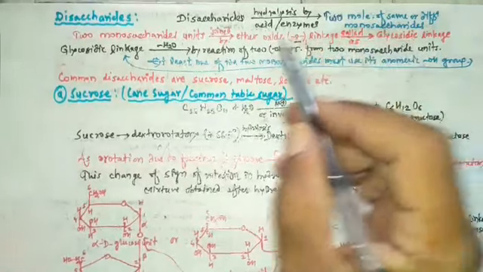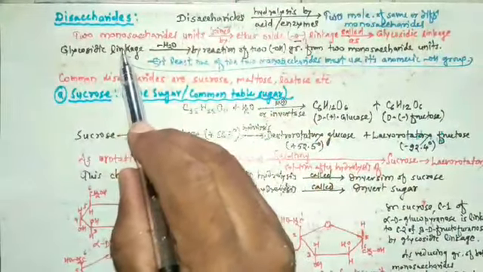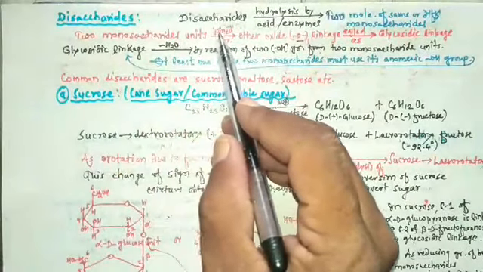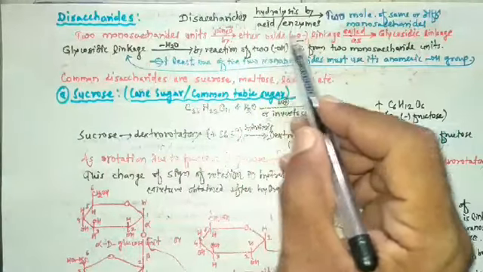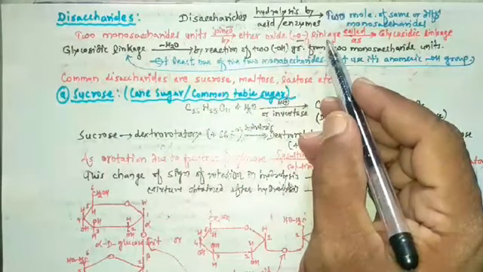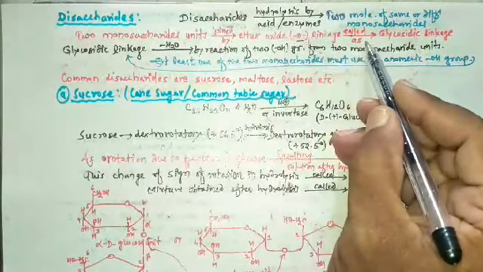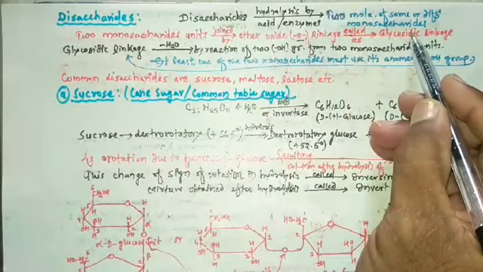So remember that two monosaccharide units are joined to each other by an ether oxide linkage, called a glycosidic linkage.